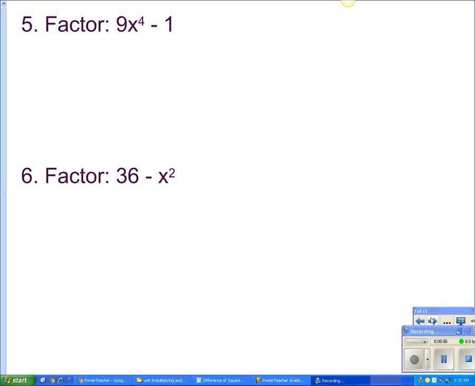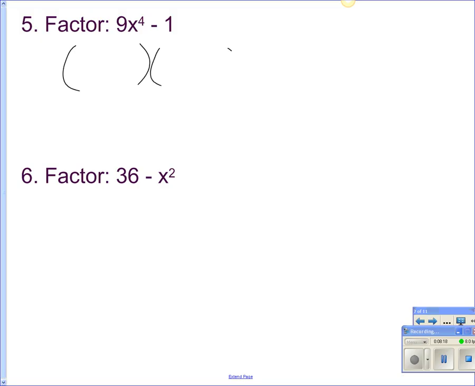Good. Zaria, is there a minus? And Andrea, are 9 and 1 on our list of numbers we made? Good. All right, so this is one where we split. After we check all those things, we know we're going to split it. Jesse, what else do you know about our answer? Very good. It's going to be a plus and a minus because this means the signs are different. All right, we're ready to split.